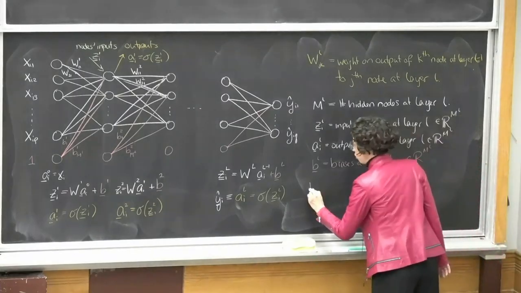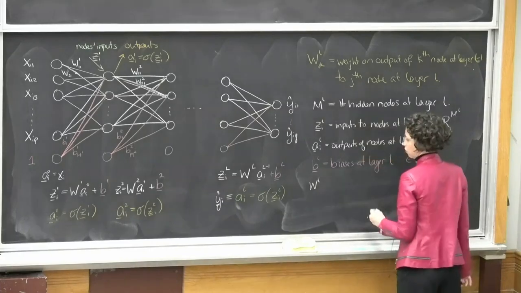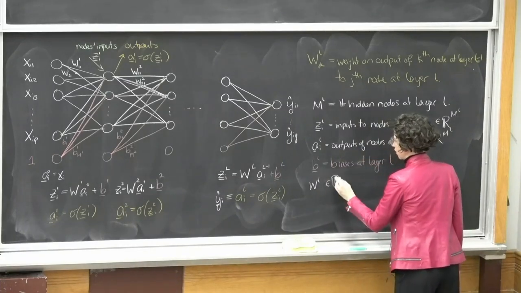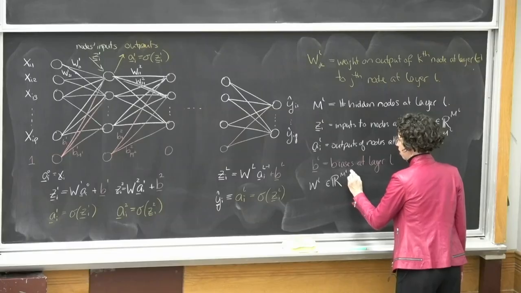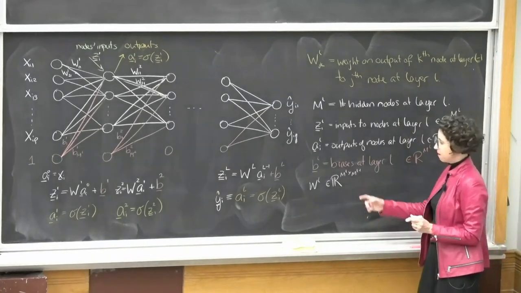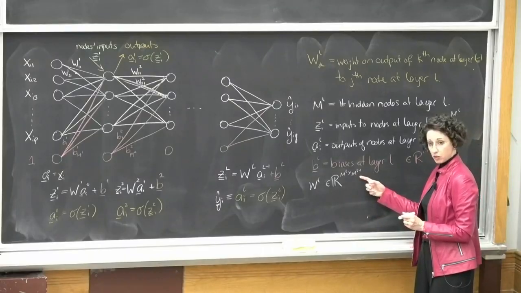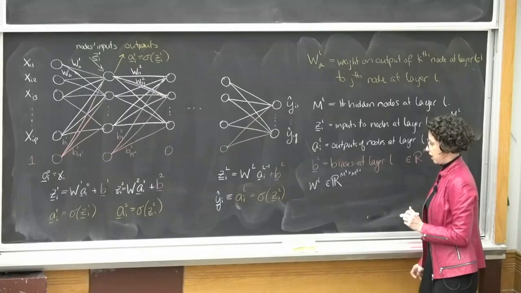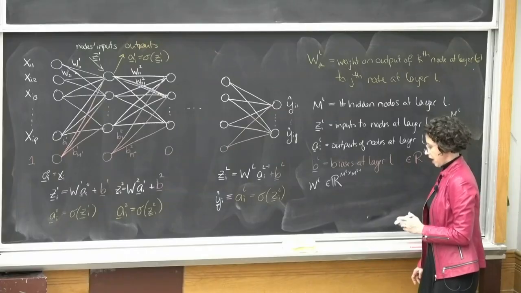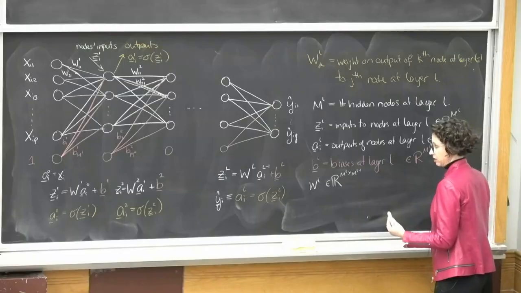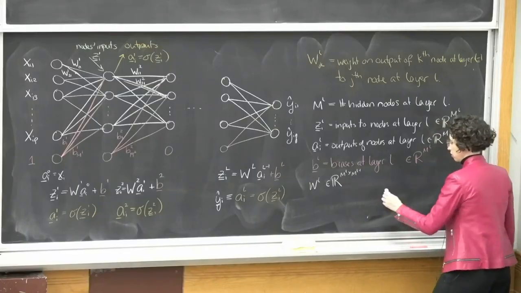And our full weight matrix for layer L is going to be a matrix of dimension M_L by M_(L-1), because I am mapping from the M_(L-1) nodes at the previous layer to the M_L nodes at my new layer. And at every stage here, I'm going to have exactly the same update equations.